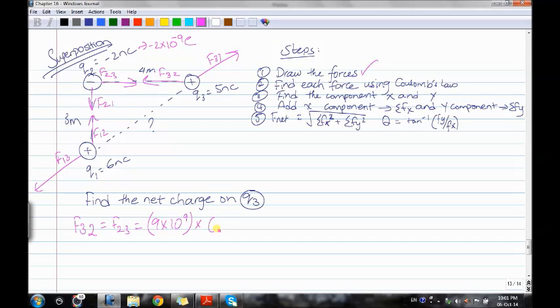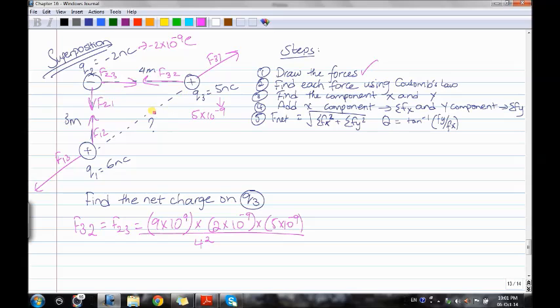Here we would ignore the negative, so it will be 2 times 10 to the power of negative 9, and then times Q3, which will be converted to 5 times 10 to the power of negative 9, over the r, which is going to be 4 squared. Now before continuing, first of all, let's find out the distance.